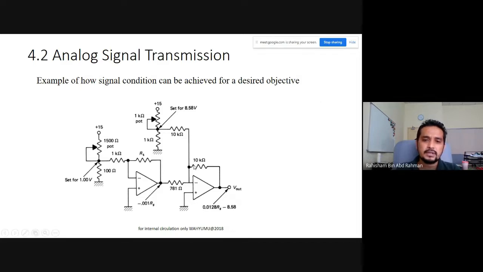Have a look here. What we have here: amplifier circuit, voltage follower, divider. So you combine all of these circuits, and it will give you the required voltage output. It depends on your application. We need to combine all of them. I mean, to combine 2 or 3 circuits to achieve one objective.